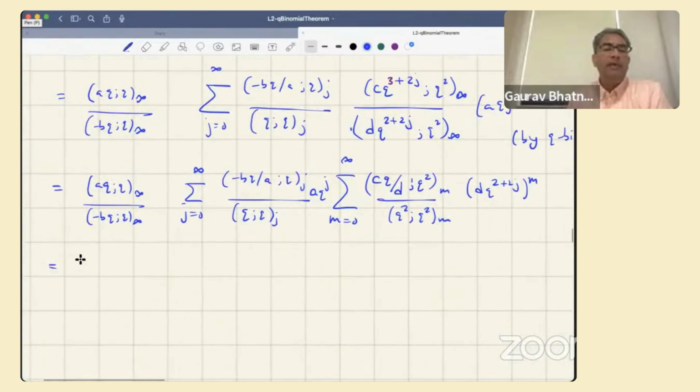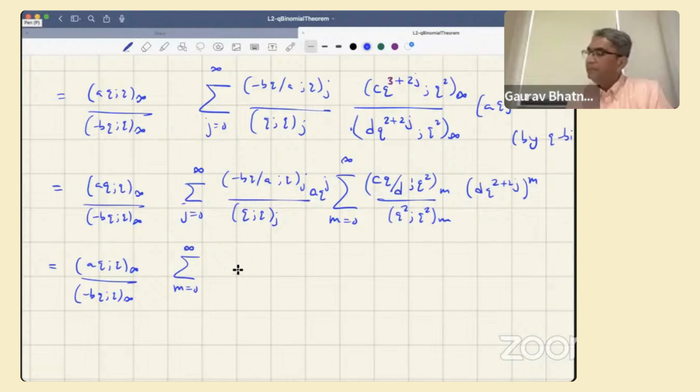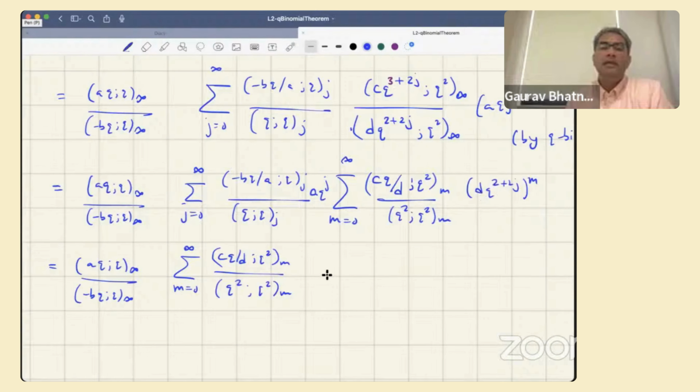And now we get again a q, q infinity minus b q, q infinity, and we interchange the sum as usual. c q over d, q square m, q square m, d q square.